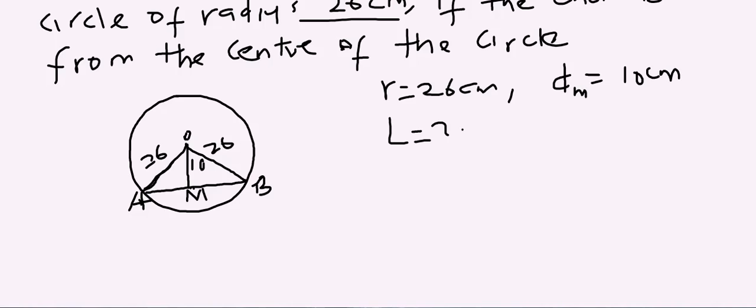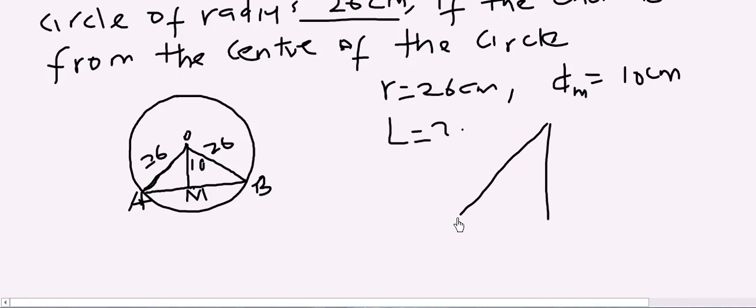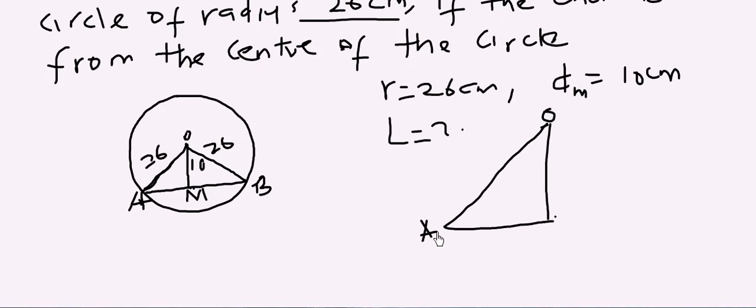So if I take one part of that triangle, this is O, A, and M. OA is 26 cm.